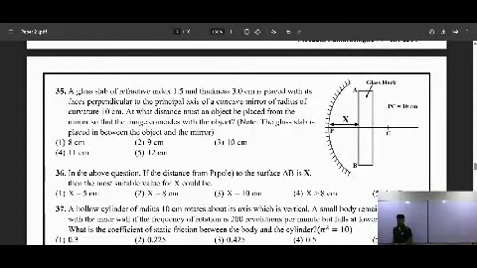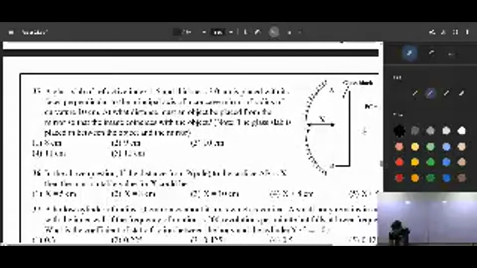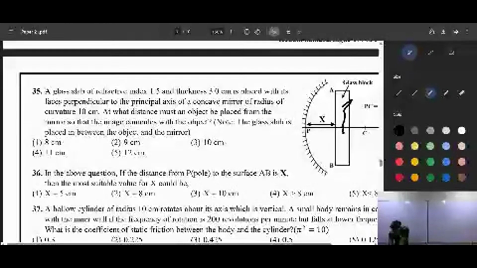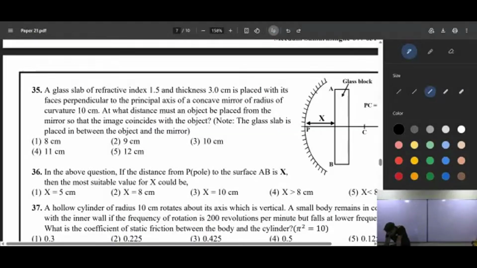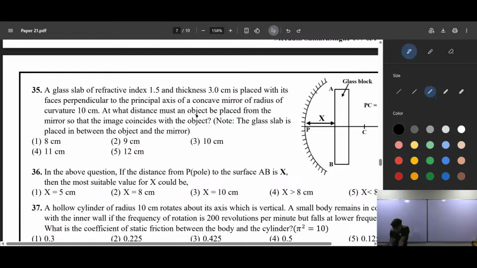See, a glass slab. There you have a glass slab of refractive index 1.5 and thickness 3 centimeter, placed with its faces perpendicular to the principal axis of the concave mirror.